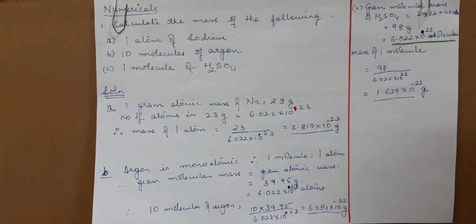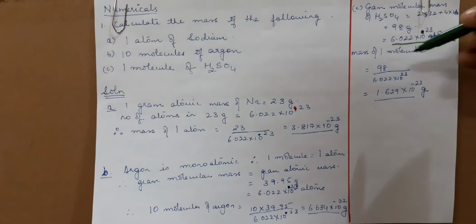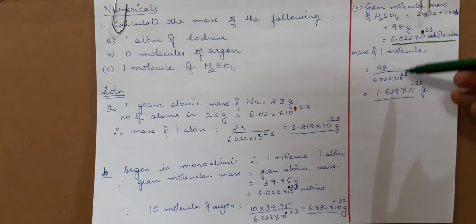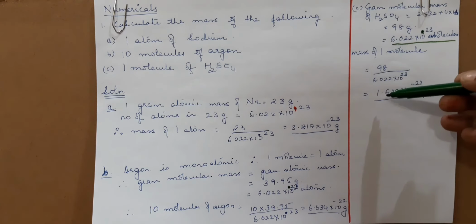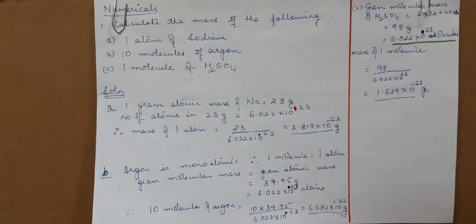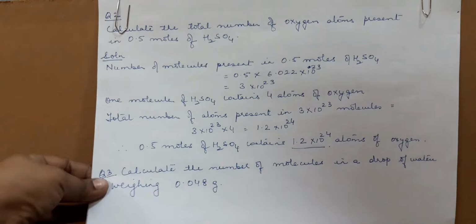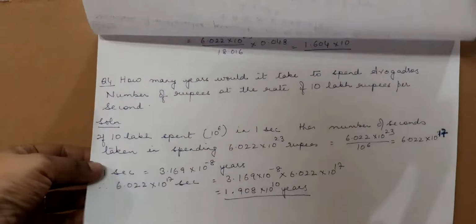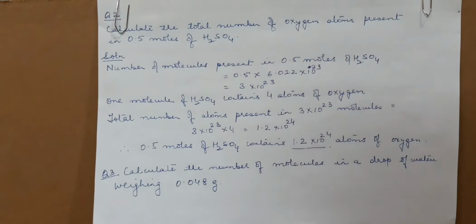So the mass of one molecule would be 98 by 6.022 into 10 to the power 23, which comes out to be 1.629 into 10 to the power minus 22. So these questions are very, very simple. I'll be giving you a few questions also, and we will solve these questions in your copy.